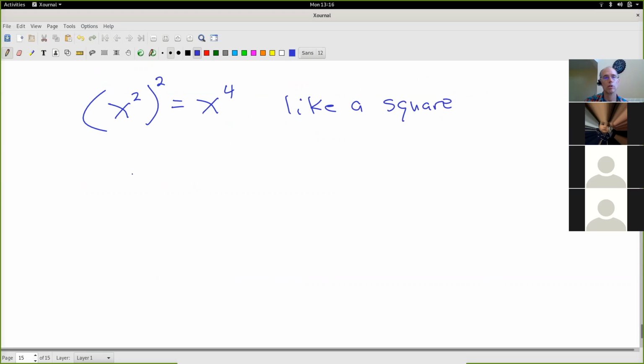So for example, if you had x to the fourth power equal to 81, because it's like a square, there's two possible answers here. There's the positive version, so just the fourth root of 81, or the negative version, which is just the opposite of the fourth root of 81.